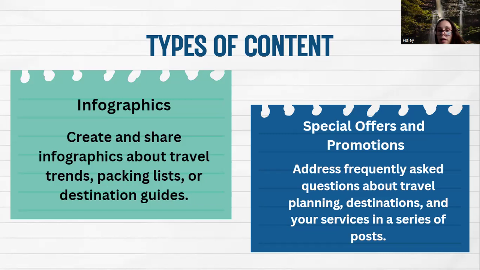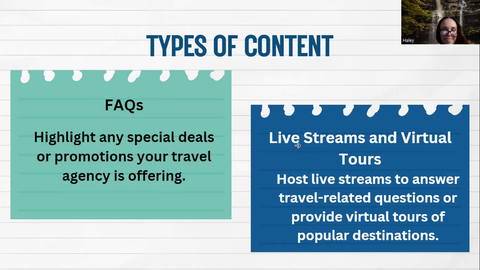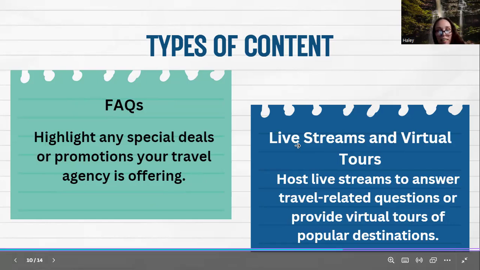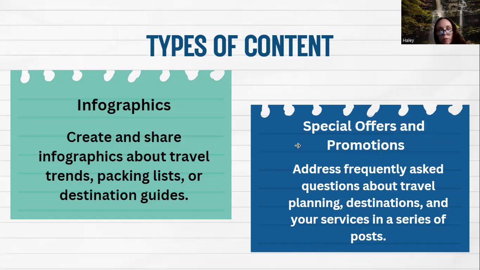You can address, that's the wrong one. Sorry, guys. That one's for questions. I got them backwards. So highlighting any special deals or promotions your travel agency offers is for the one before it. And then you want to put questions that you get asked a lot when you're doing bookings.